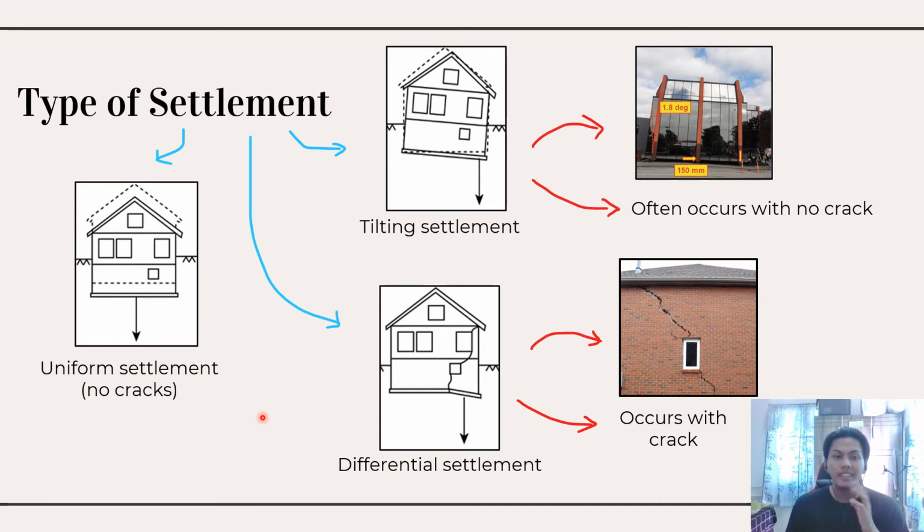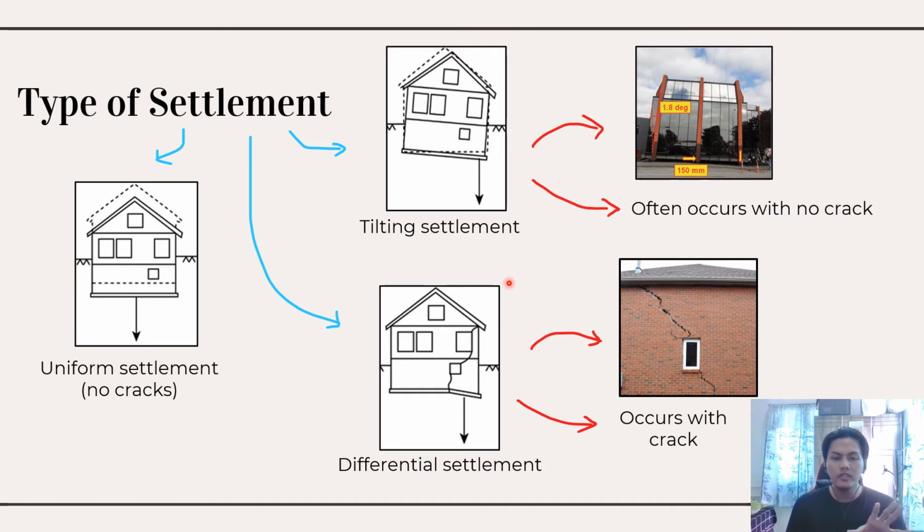Now you can see the types of settlement. Settlement has three types: the first is uniform settlement, the second is tilting settlement, and the third is differential settlement. Let's go for the first one. Uniform settlement has no cracks because the structure just goes down. The second one, tilting settlement, has no cracks too, but the building will be tilted by some degrees, maybe 10 degrees or 7 degrees, but as you can see in the example, it was tilted by 1.8 degrees.